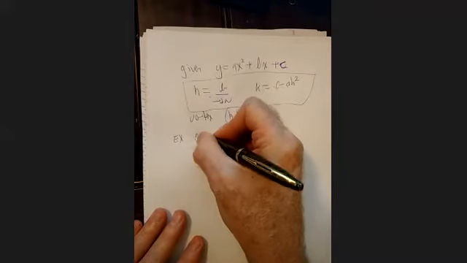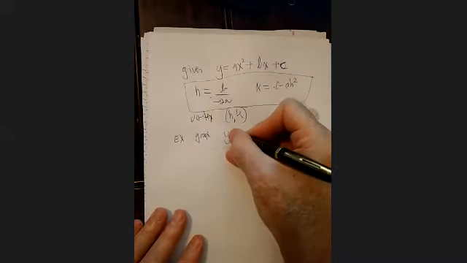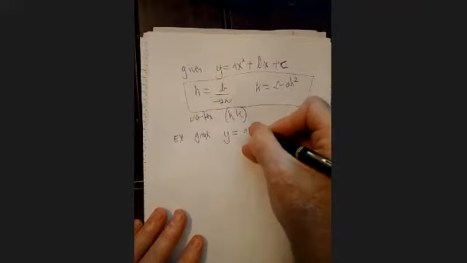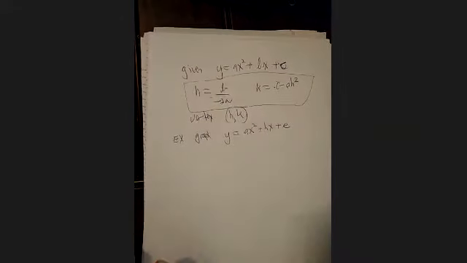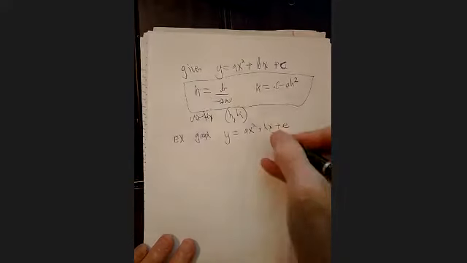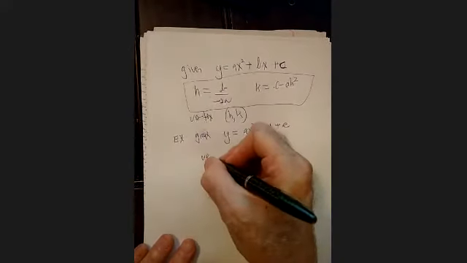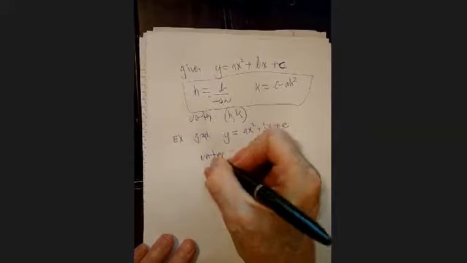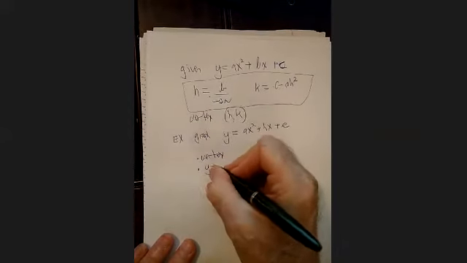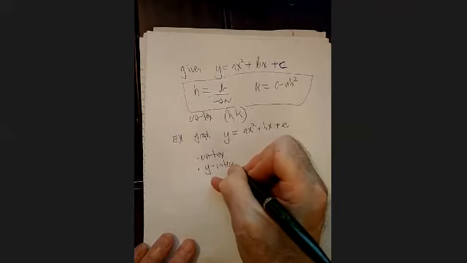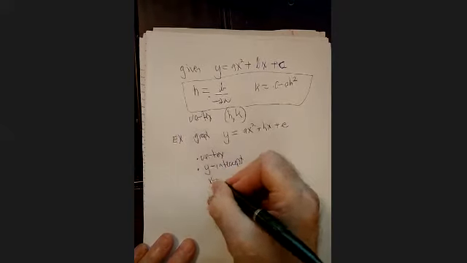We're going to graph y equals ax squared plus bx plus c. When we graph this parabola, we want to find the vertex. We also want to find, if possible, the y-intercept, and if possible, the x-intercept.